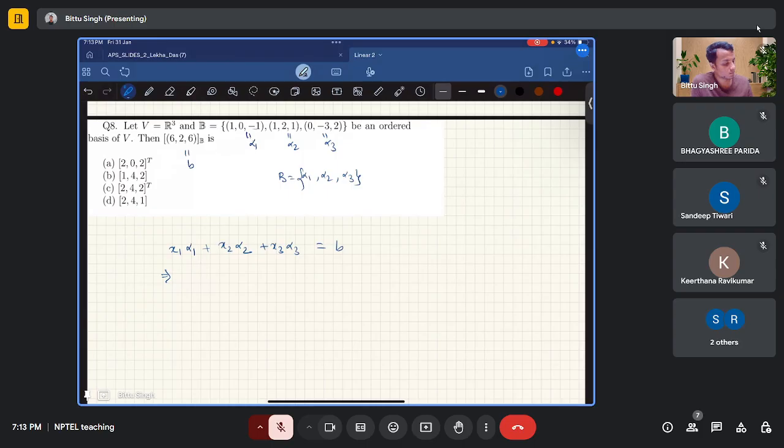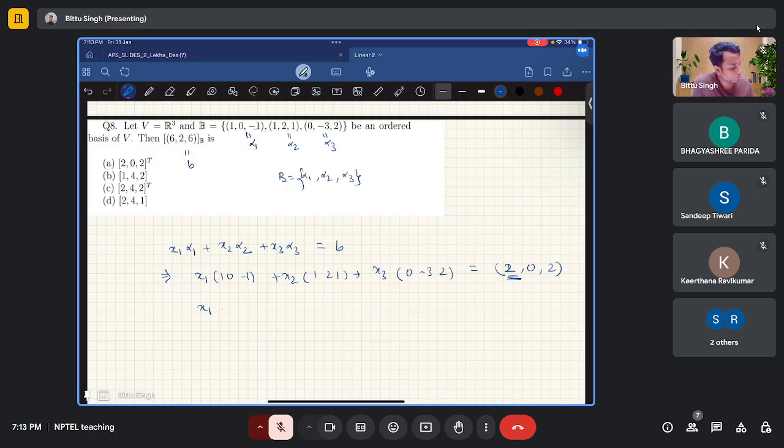So x1 times (1, 0, minus 1), x2 times (1, 2, 1), x3 times (0, minus 3, 2). So this is the same as b. If you compare those components, corresponding to the first component, what relation are you getting?